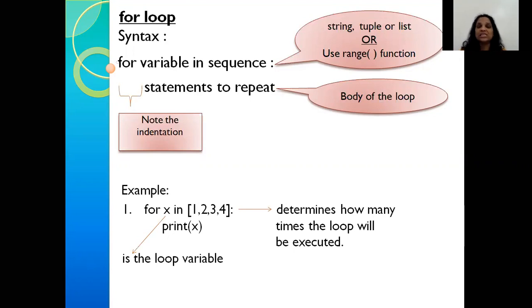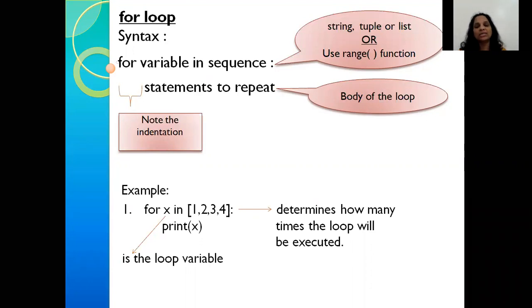Now, this sequence determines how many times the loop is going to be executed. So you wrote 1, 2, 3, 4, which means the loop is going to be executed 4 times. So we already know the number of times the loop will get executed. That is why it's called a counting loop. I know for sure that it's 5 times, 4 times, 3 times, these many times the loop will get executed.